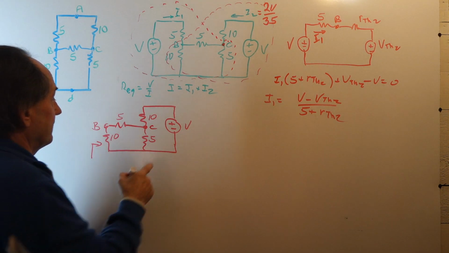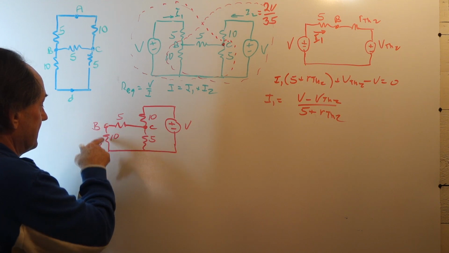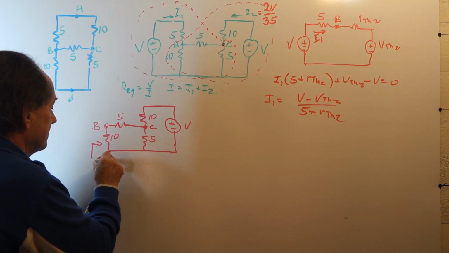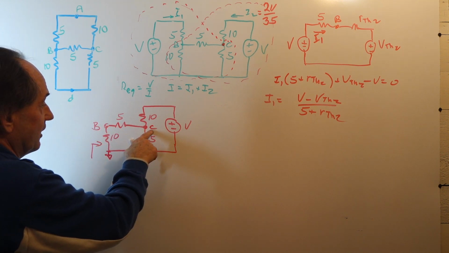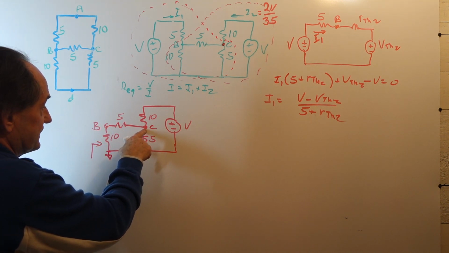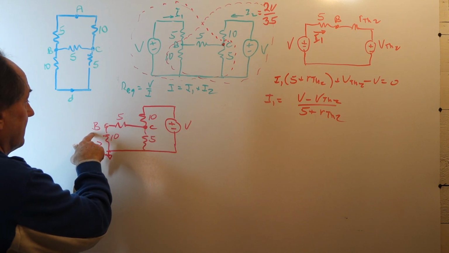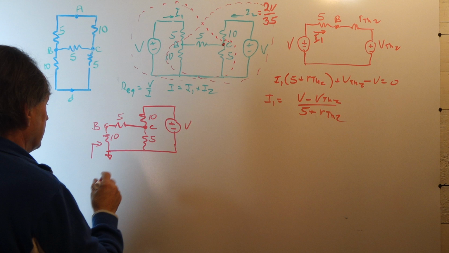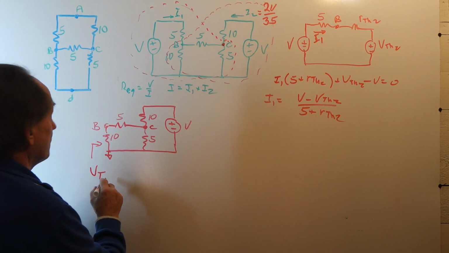Well, we note that the voltage between B and the reference node here is a voltage divider. If we know the voltage at node C, then it's just a simple voltage divider to get the open circuit voltage, VTH1 or VTH2.